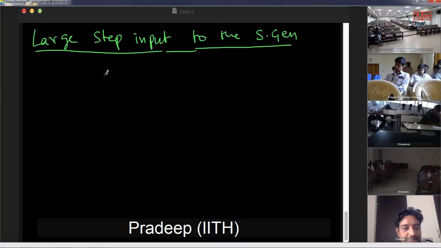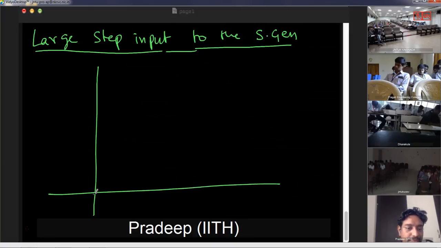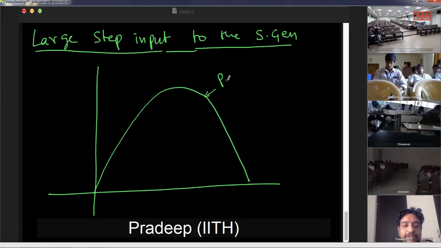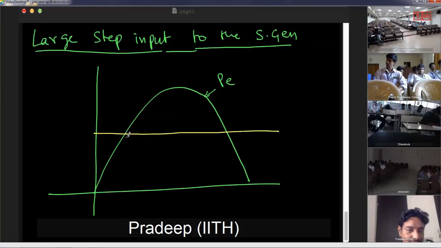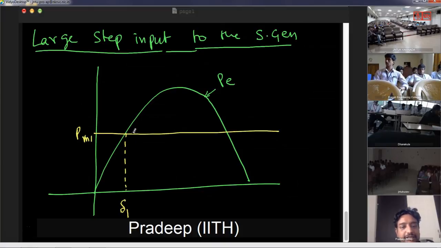So now what happens? Let's take this axis. This is the electrical power generated by the machine. Let's say I'm operating here, and this angle is delta 1. So this is P1, PM1, mechanical input 1. Now suddenly I increase to somewhere this value.